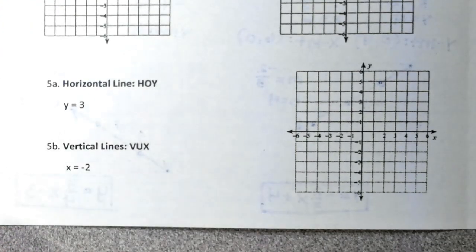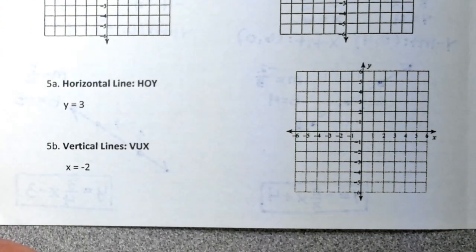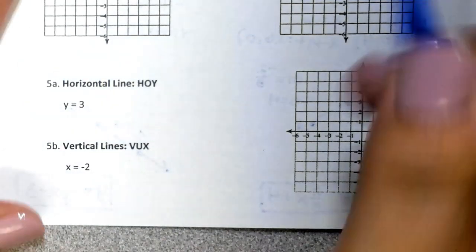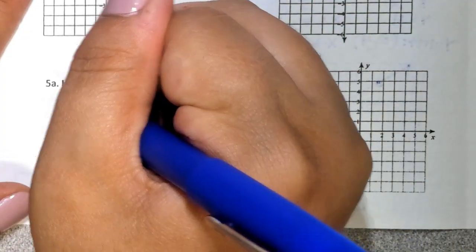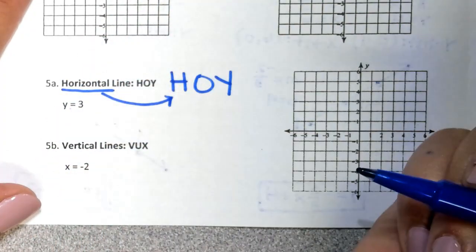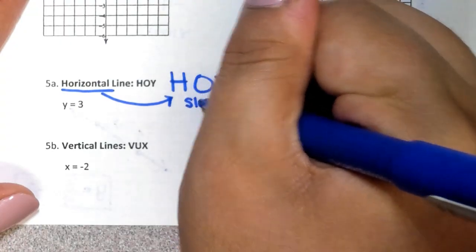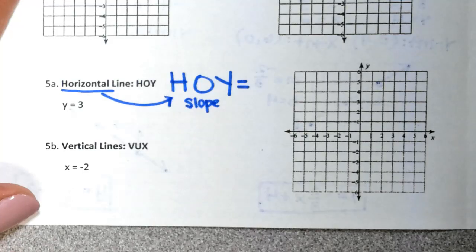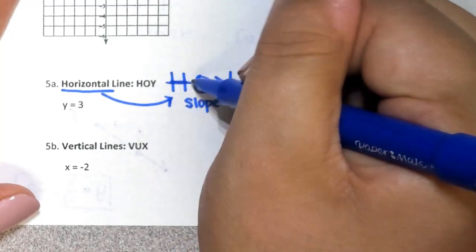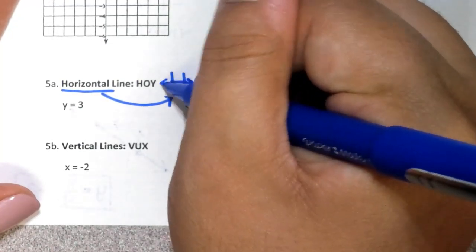Do y'all remember HOIVUX from middle school? Those of you that do or don't, I'm just going to go over it. HOIVUX. HOI stands for horizontal lines have 0 slope, and are y equals. The way I remember horizontal line is the H has a horizontal line in it.